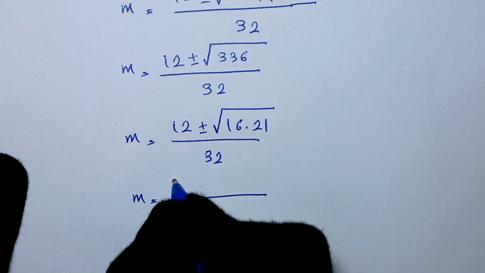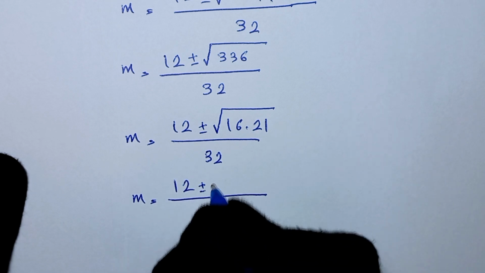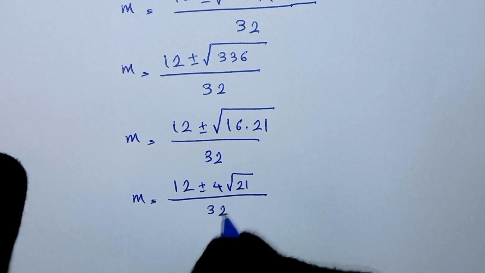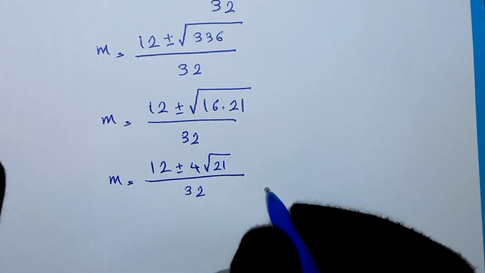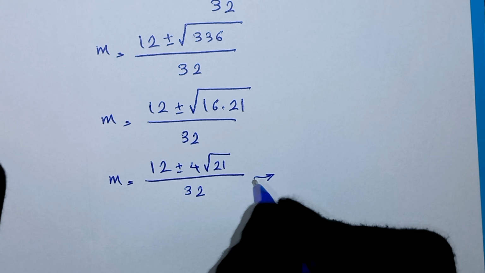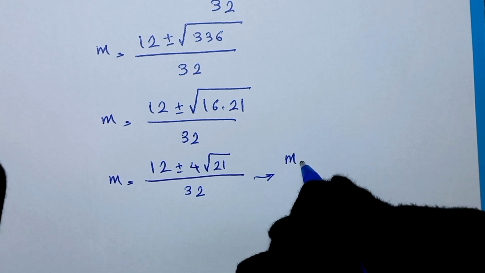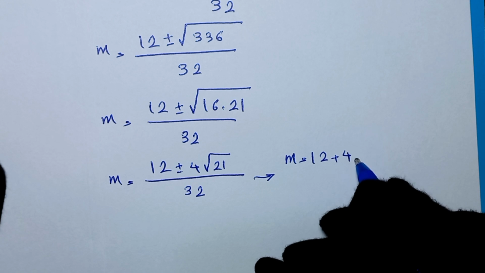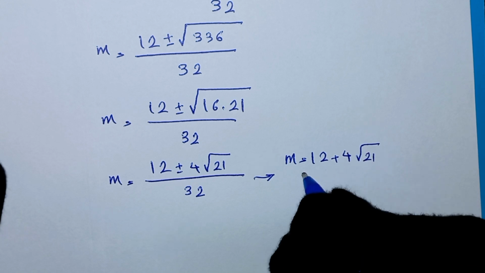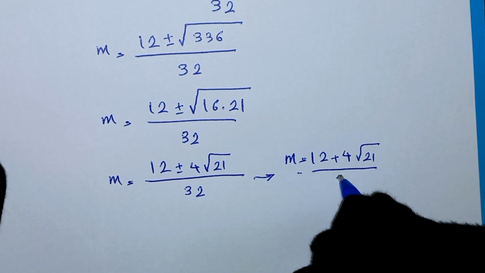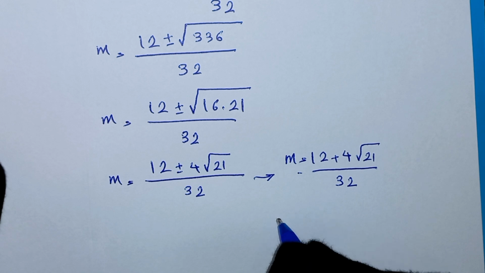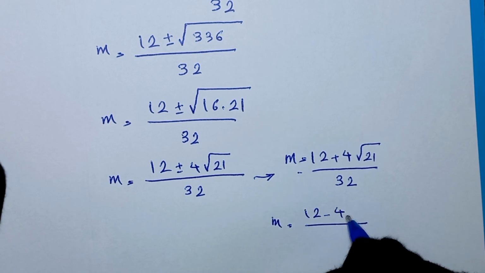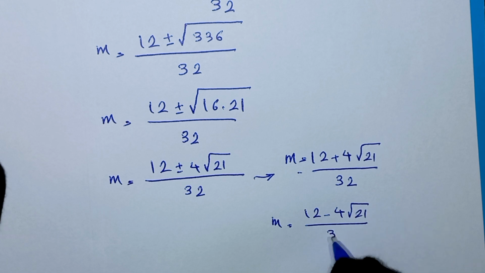So we can write this 12 plus or minus 4 the square root of 21 over 32. And from here, m is equal to 12 plus 4 the square root of 21 over 32, and m is equal to 12 minus 4 square root of 21 over 32.